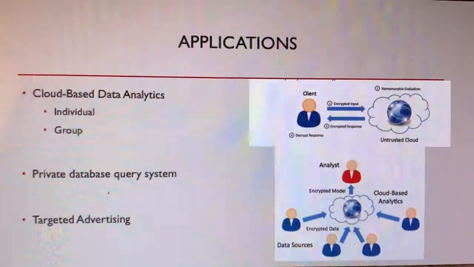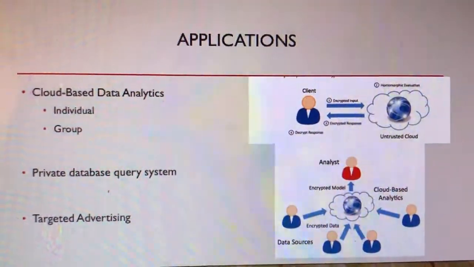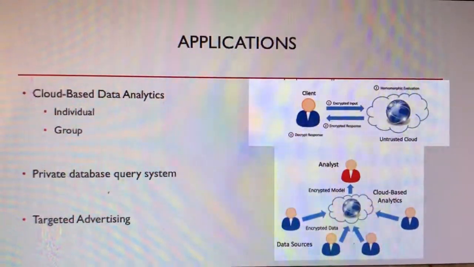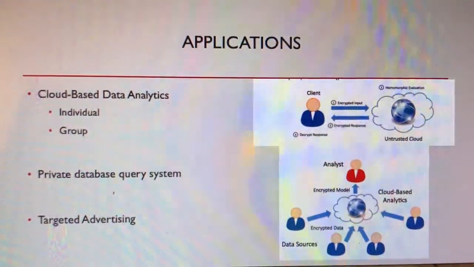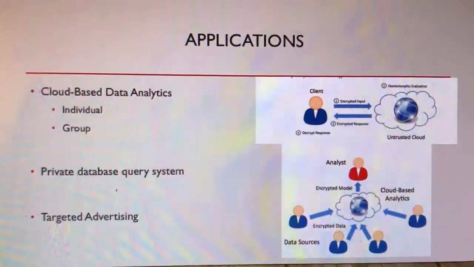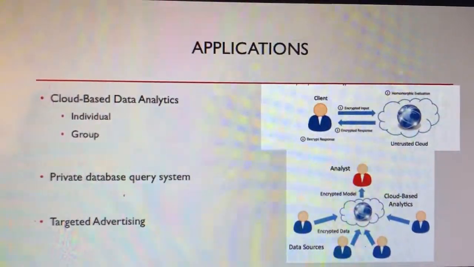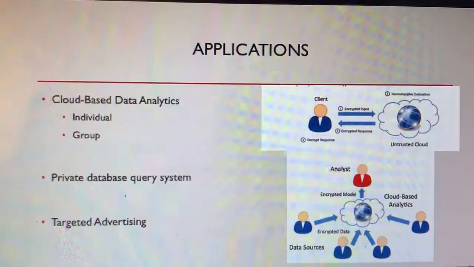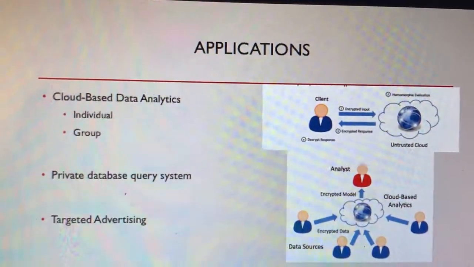Targeted advertising is another field. Imagine if you're a part of a company who would like to target their advertising to a certain consumer. These companies can use an individual's public key in order to retrieve what would be private, sensitive data, such as emails, texts, web browsing, details in all of these.